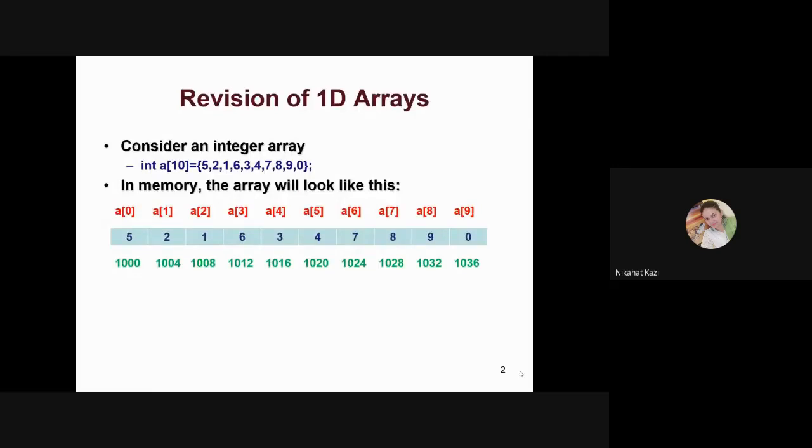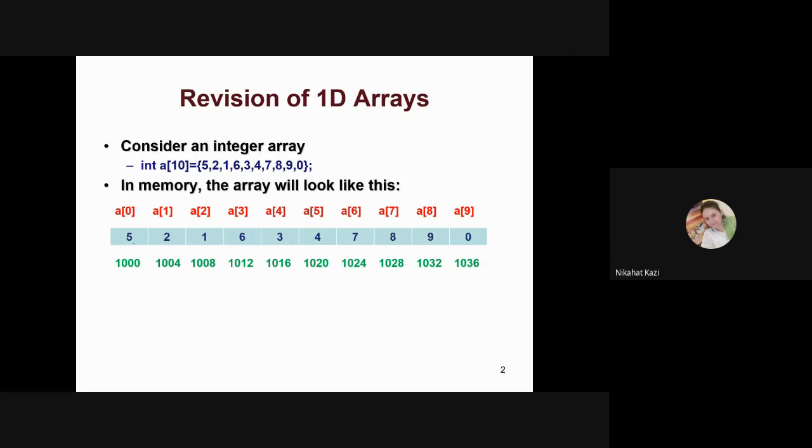So this is a single integer array. You know how it will look in memory. These are my integers in consecutive memory locations. When I say consecutive memory locations, what do I mean by that? Assuming that the size of an integer is 4 bytes, and each memory location can store 1 byte, this 5 will span 1000 to 1003.